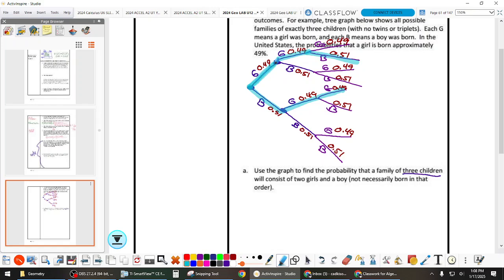There you go. Girl, boy, girl. And then I think that's all, isn't it? Boy, girl, boy. Well, that would be 2 boys. Oh, we want two girls. I think that's all.